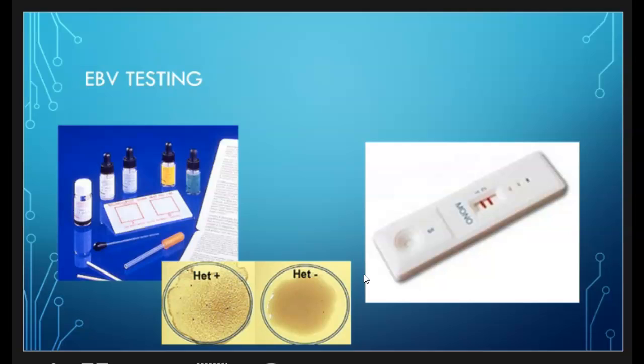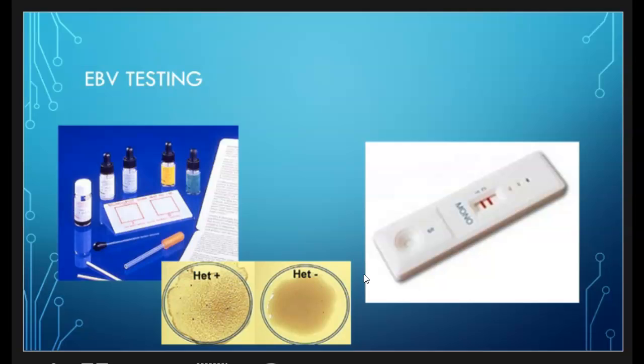We also have the CMV, cytomegalovirus. It is ubiquitous, meaning it is everywhere. Nearly everyone is exposed through close contact. It's not a big deal unless patients are immunocompromised, like pregnant women, infants, elderly, and patients on immunosuppressive therapy.